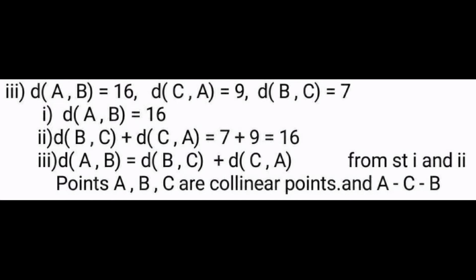So from 1 and 2, distance AB is equal to distance BC plus distance CA, and therefore points A, B, C are collinear points. So which one is the largest distance? Largest distance is distance AB. Therefore, point C lies between point A and point B. We'll write it as A dash C dash B.